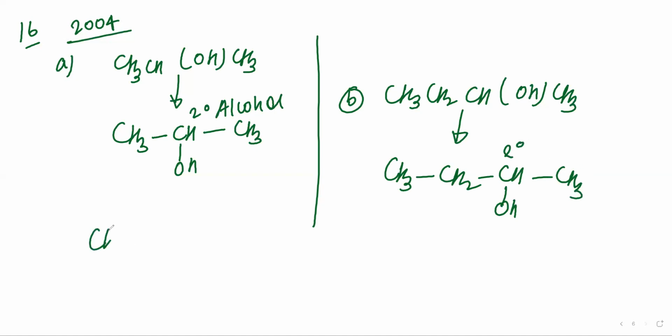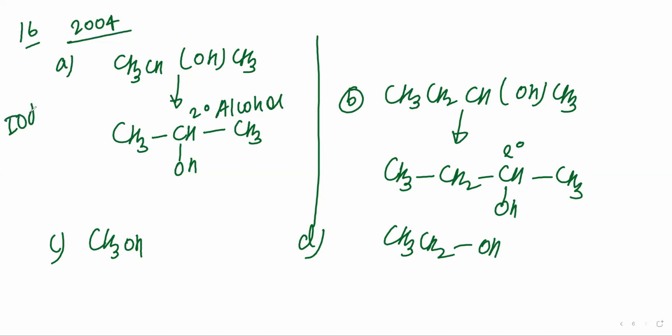Next one is CH3OH, this is your C part. D is CH3CH2OH. So C and D are alcoholic. The iodoform test is exhibited by, I will write the statement here, ethyl alcohol.